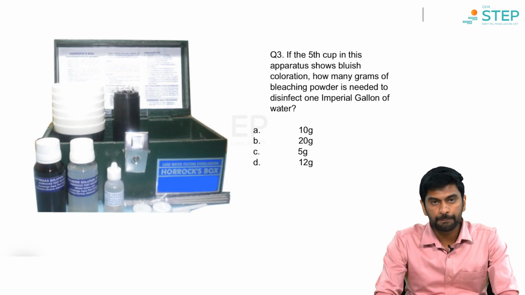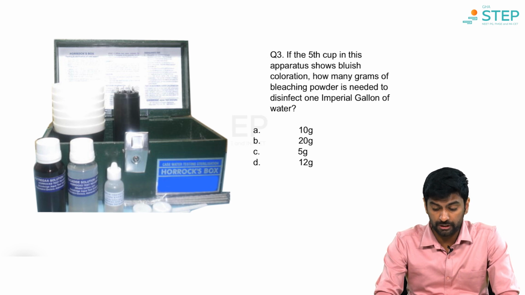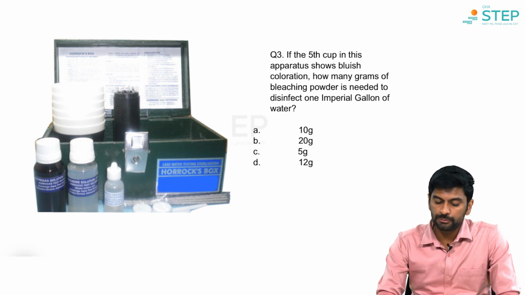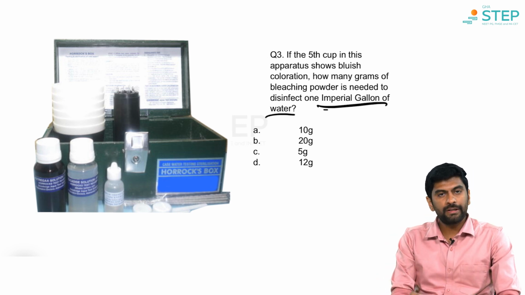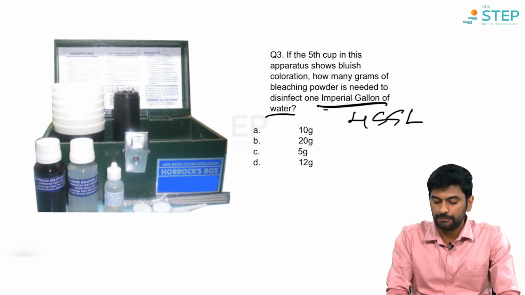Next, Q3. If the fifth cup in this apparatus shows bluish coloration, how many grams of bleaching powder is needed to disinfect 1 imperial gallon of water? So an imperial gallon is basically 4.55 liters.